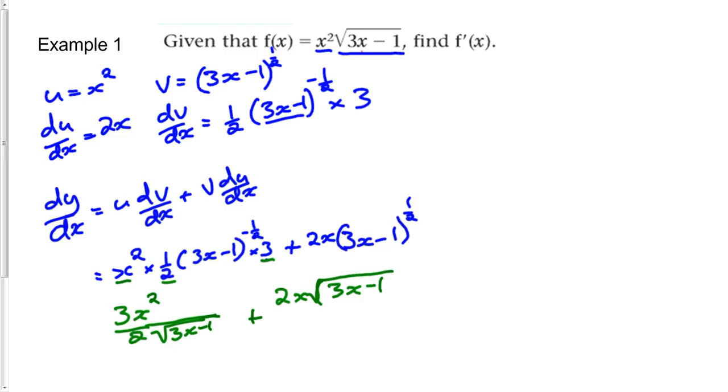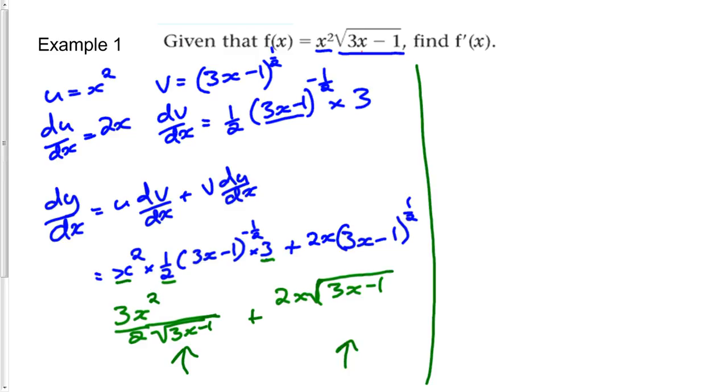That looks a little bit neater, but as we've done a lot in C1, C2 and C3, if we've got two fractions that are adding together, what we tend to do is add them together. So we've got 3x squared over 2 square root 3x minus 1 here, and we've got this one here.